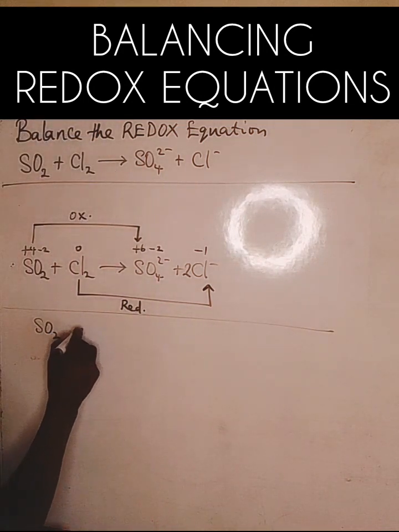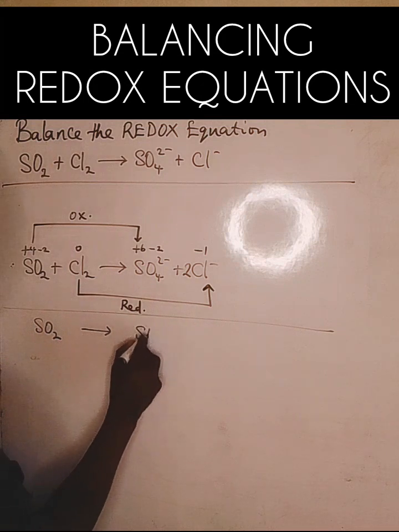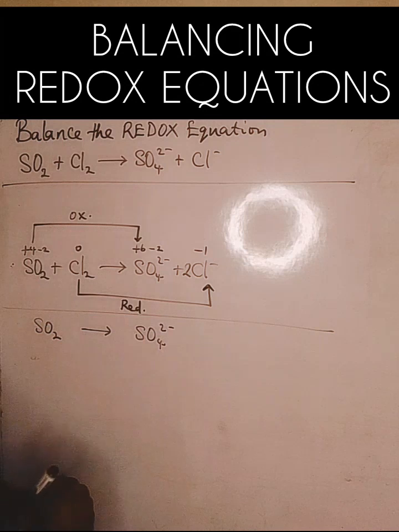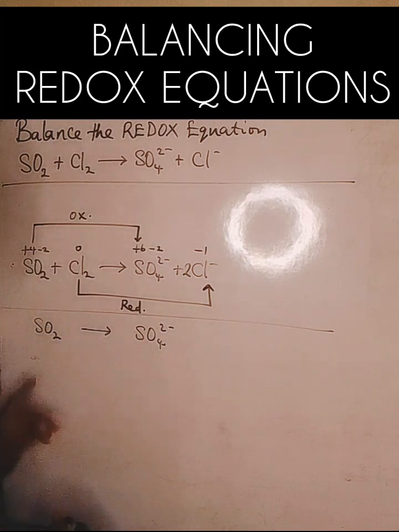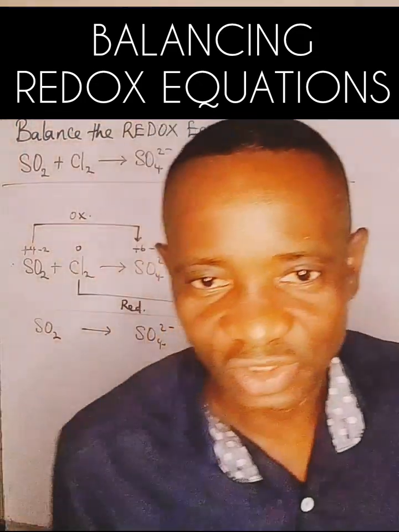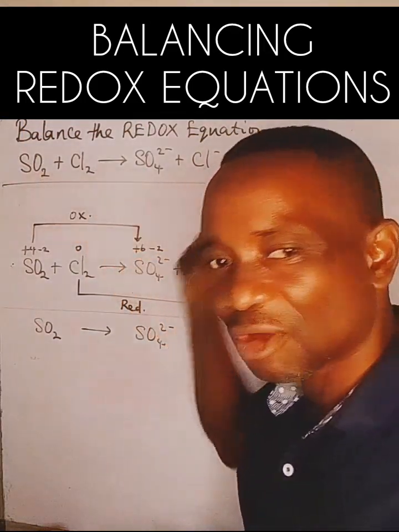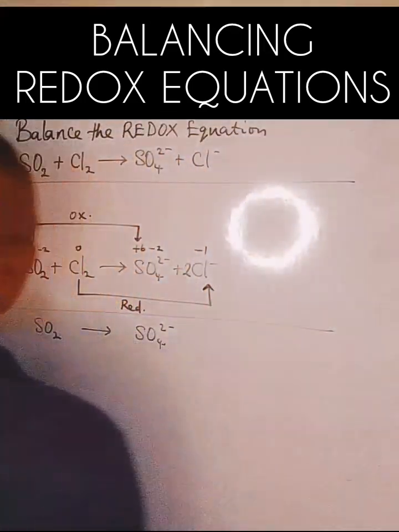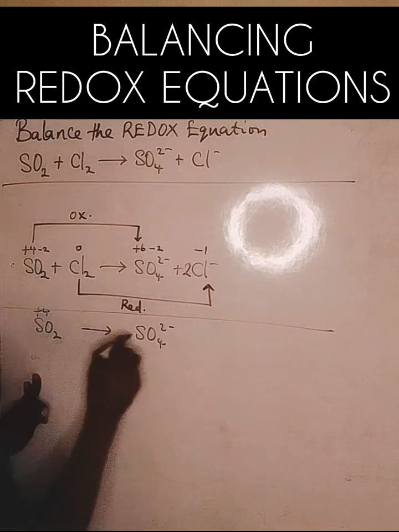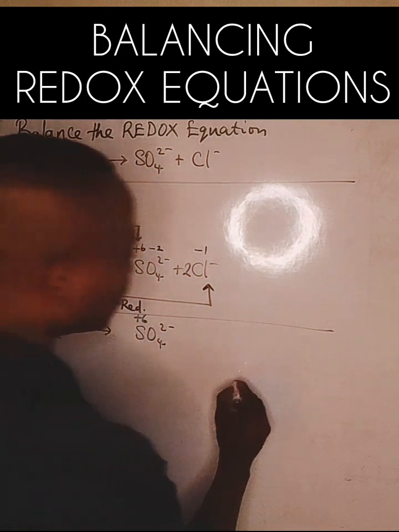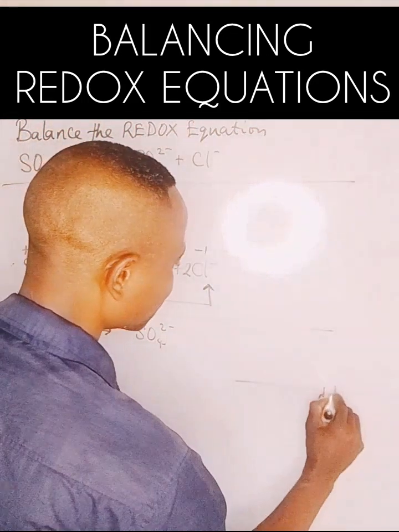SO2 gives us SO4 2-. Now, let us see where to add electron, because it's loss or gain of electron that made this thing a redox reaction. How do we know? Sulfur is +4 and +6. On the number line, this is 0.